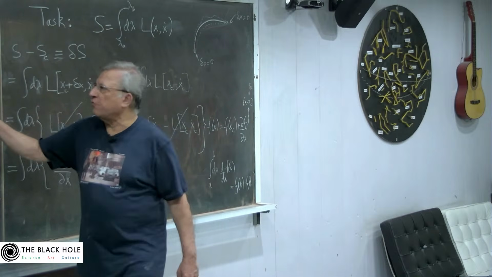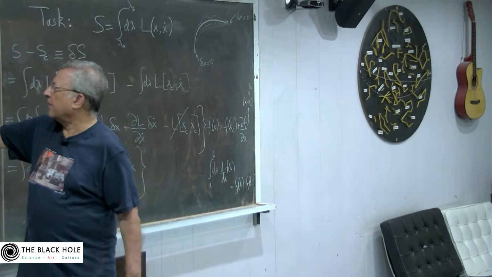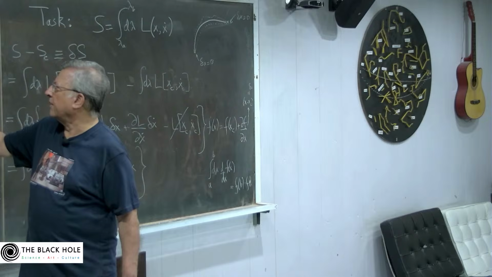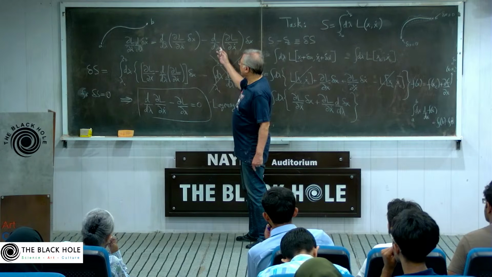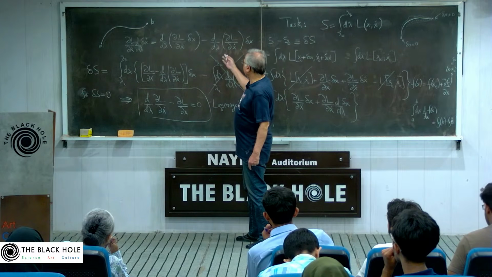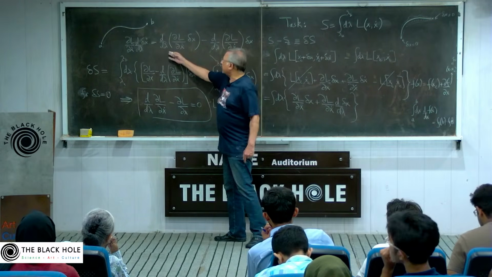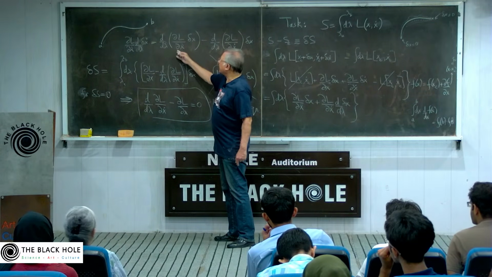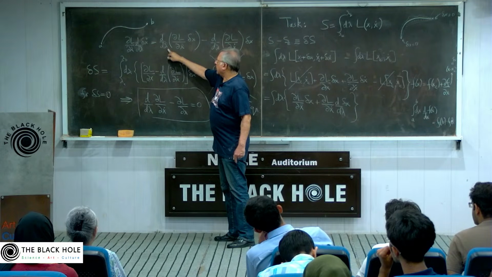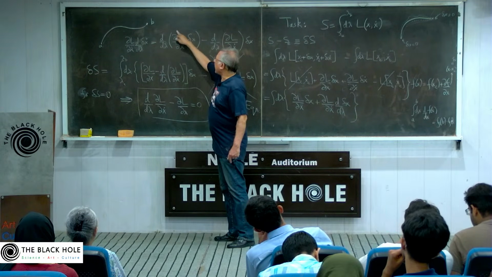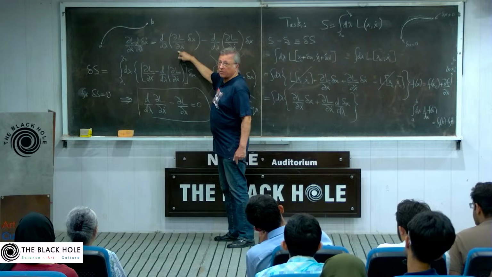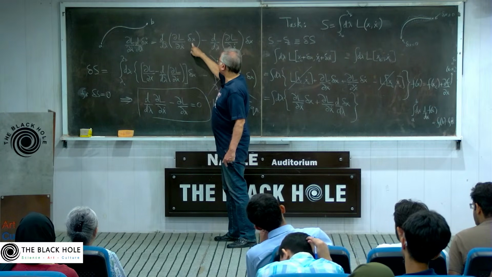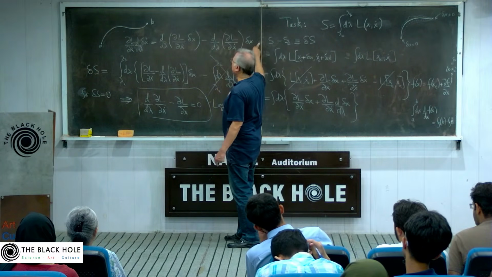Okay. If you find it easier, take this. This over here, just differentiate this. D by d lambda will first act on this dl by dx dot, leaving this as it is. So that will cut that out.